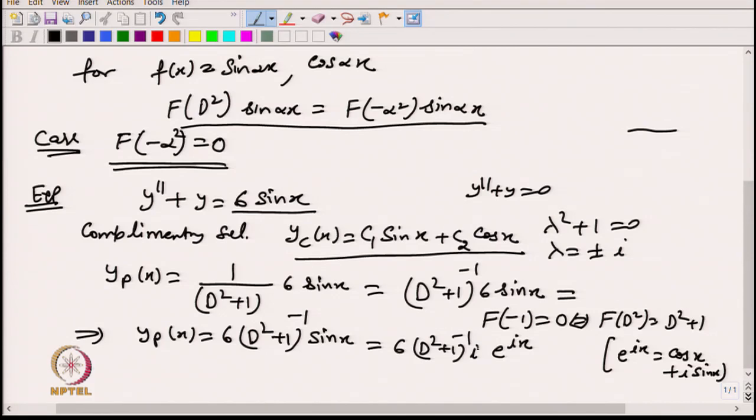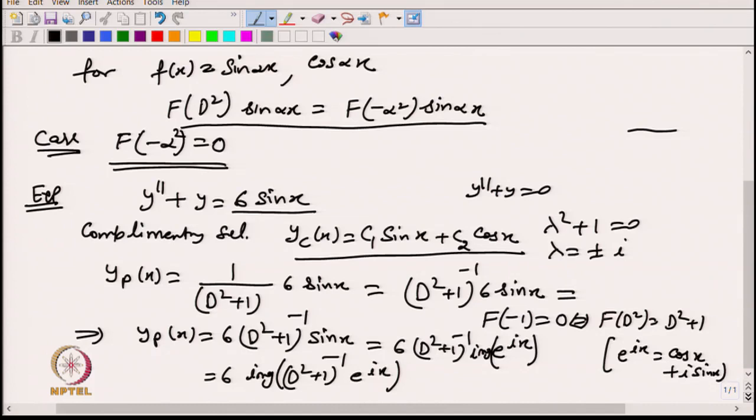So I will put the imaginary part of e^(ix), and this can be further reduced to (D squared plus 1) inverse, and from here I can take the imaginary part. So I can write 6 and the imaginary part of this e^(ix).